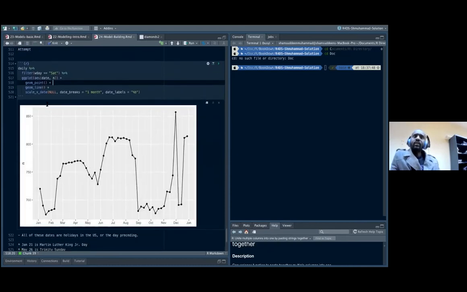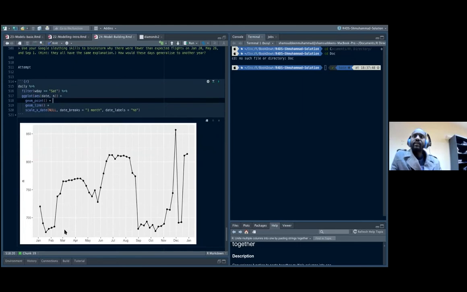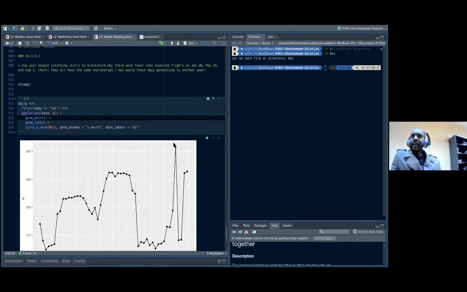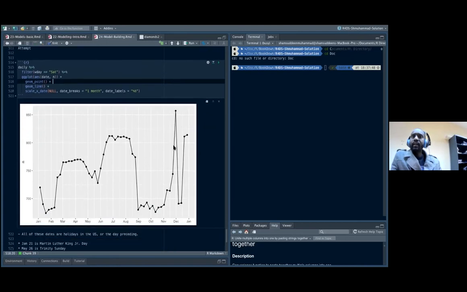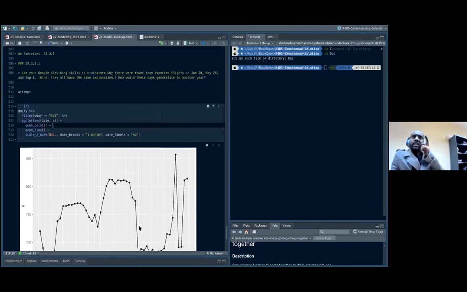If we look at this graph, we just select the Saturday here, and we can see January 20 has a sharp drop, and we have May 26, and the last one, September 1.